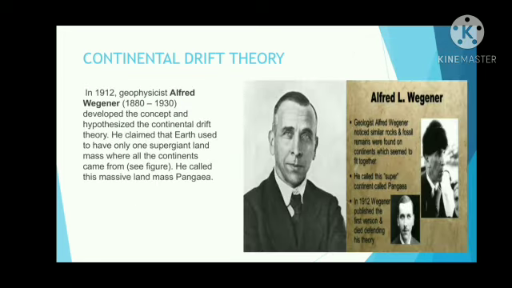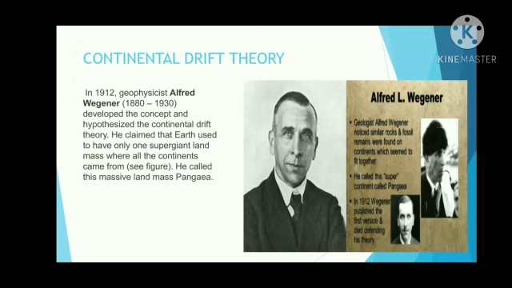In 1912, geophysicist Alfred Wegener developed the concept and hypothesized the continental drift theory. He claimed that Earth used to have only one supergiant landmass, where all continents came from. He called this massive landmass Pangaea.